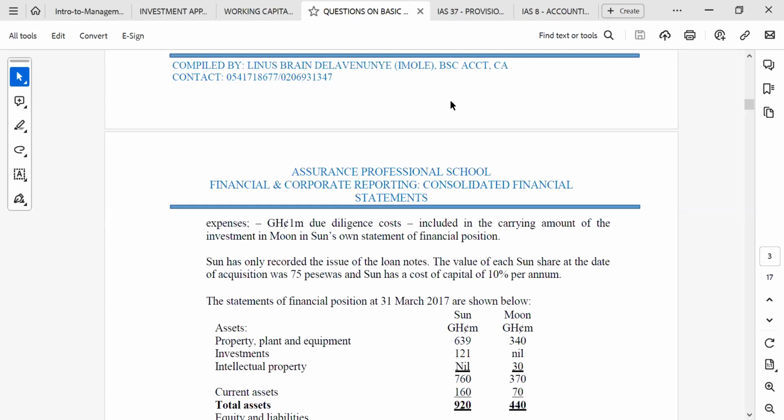We only bring the interest on the loan note into the equation if that transaction has not been recorded. They have recorded the issue of the loan note already, so the interest for the year has also been charged to profit or loss already, and we don't do anything on that. We only bring those things in when the question says it hasn't been recorded. It means the loan note is not in the books in the first place, let alone the interest on it. But this has been recorded already.